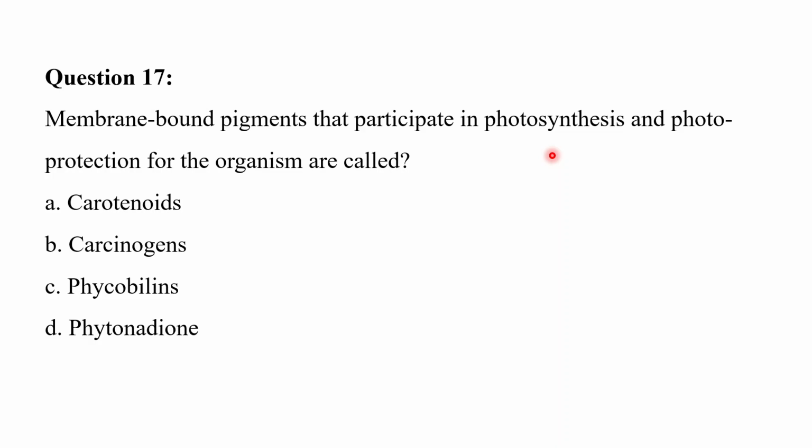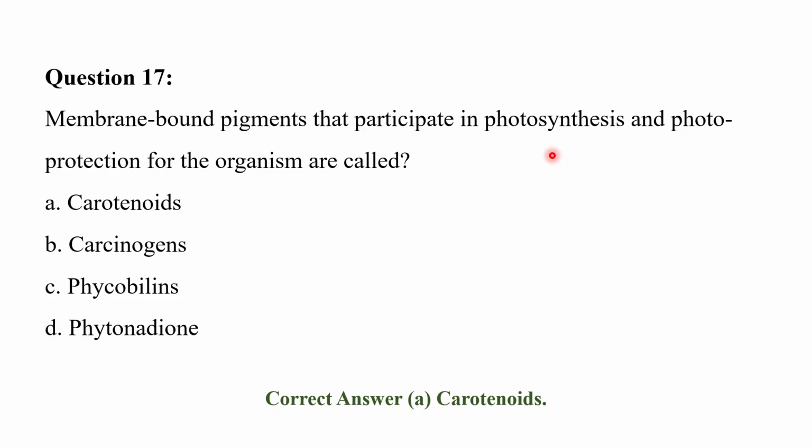So apart from chlorophyll, these organisms have other pigments also. The options are option A carotenoids, option B carcinogens, option C phycobilins, and option D phytonadione. So the correct answer, you have answered option C, right? Okay, so let's see, the correct answer is option A.